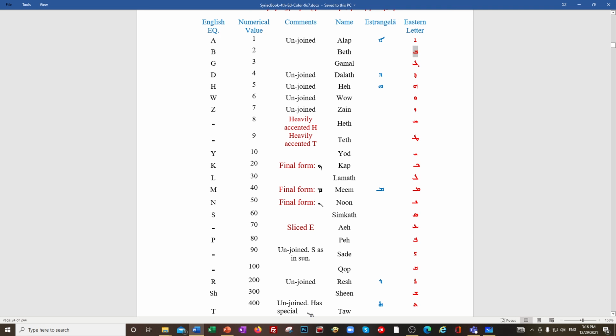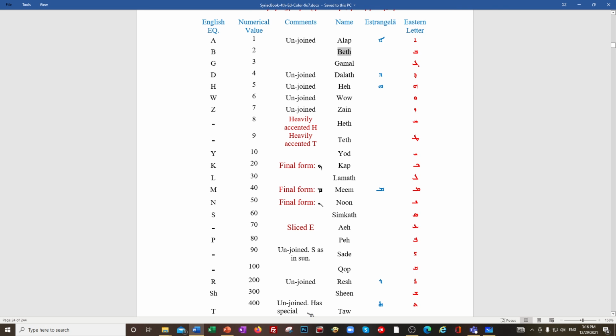Beth. When you see a blank, it means nothing there; for Esṭrangelā it means it is the same. Remember, when we say only 6 are different in Esṭrangelā, the rest are the same. The name is Beth.